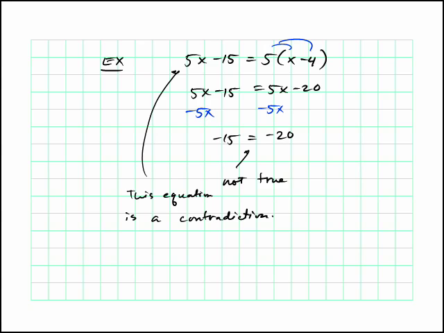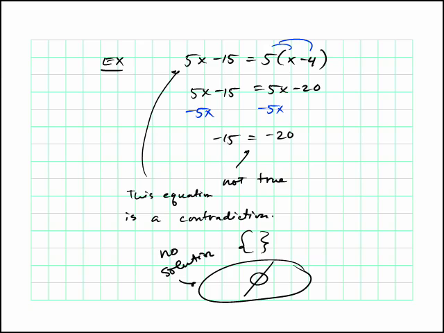There is no solution to the equation. And so our solution set would be empty like this. If you recall from a previous lesson, we have a symbol for the empty set. It is a 0 with a line through it like that. So this equation is a contradiction. It has no solution, so we write this symbol there for it.